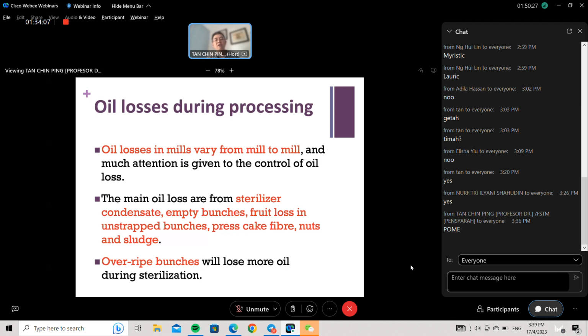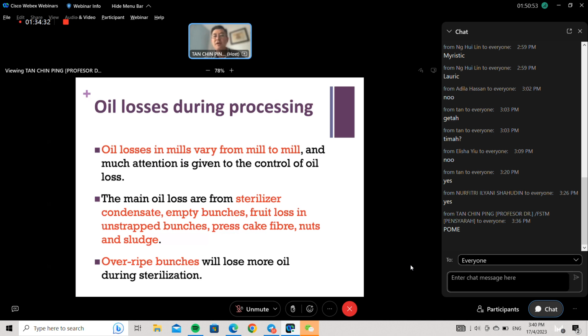During the sterilization process, it will incur leaching out of oil together with water during cooking. You can imagine the fruits become so soft, so all the liquid squeezes out so easily. Those are the problems on oil losses.